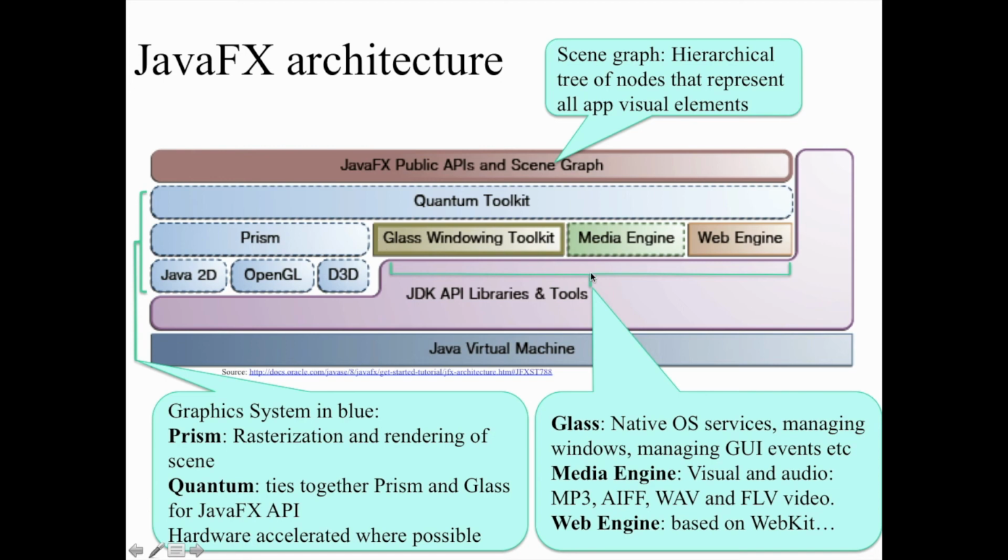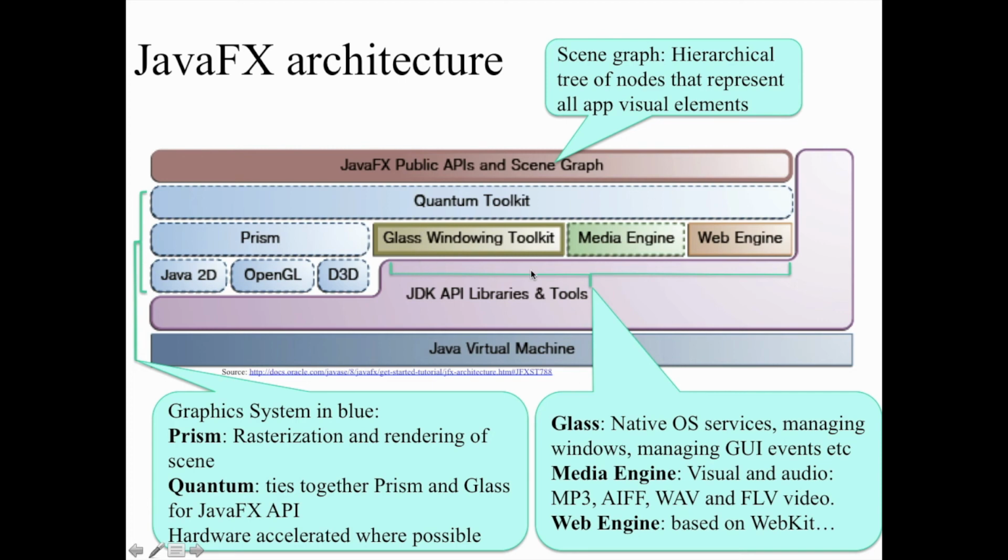The media engine there supports visual and audio inputs and outputs, so MP3, AIFF, WAV, FLV, but not all of the codecs, only a subset. And then for displaying HTML and CSS, we have the web engine part, which is based on WebKit, and you know that a whole bunch of browsers out there support WebKit as the rendering engine, and that is true also of JavaFX.